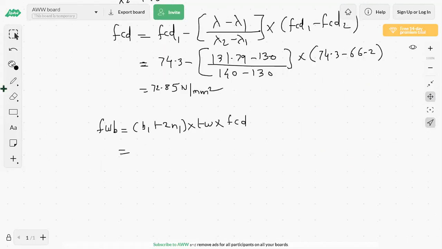Now put the values: B1 is 180 plus 2 into N1 is 250 into TW is 9.2 and FCD is 72.85. So calculate and tell me the answer in kilonewton, because this is the buckling strength.